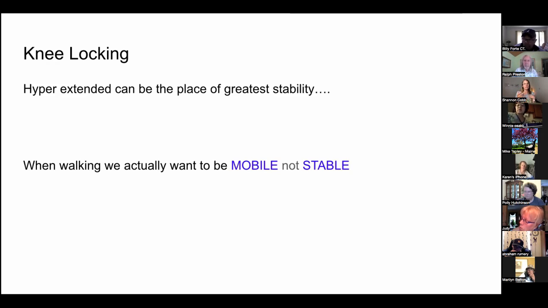One of the deals with walking, as this little slide says, is that is a stable position of the knee. But walking is us being mobile up on our feet, right? So we want the knee to behave in a way that it's mobile, not stable. And the other issue with it coming all the way into that locking position is a lot of times folks, when it unlocks for that next step, it's almost like a jolt or really jarring.